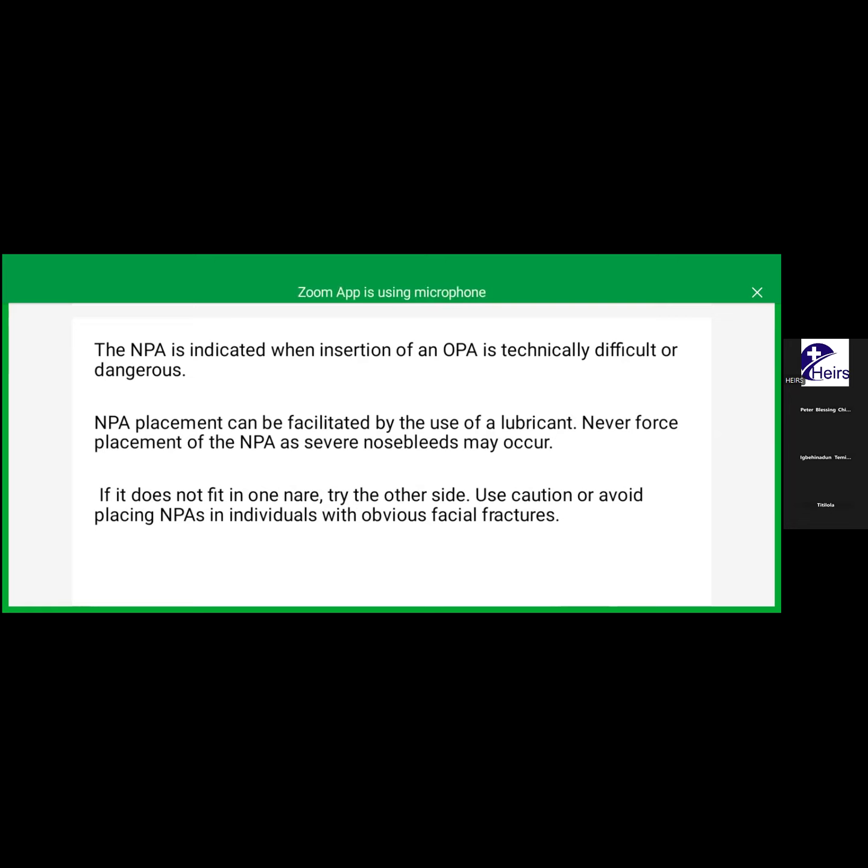But in the nasopharyngeal airway, we will need to lubricate the device. Some of you that have seen a nasogastric tube being passed before will also notice that we need to lubricate the nasogastric tube. So anything that goes into the nose is usually lubricated. So the nasopharyngeal airway will need to be lubricated.